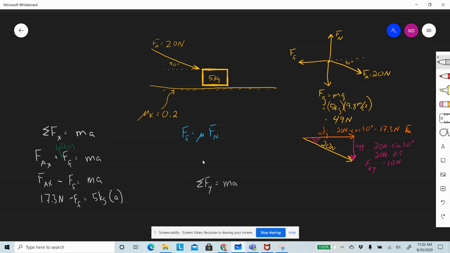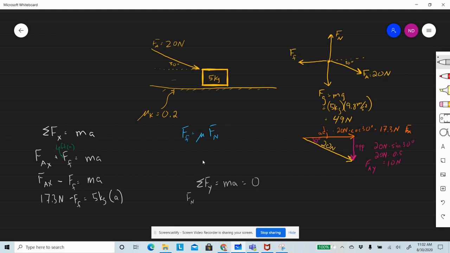The sum of the forces in the y direction equals ma. Well, you can assume that the box is not moving up or down. It's on this floor, and it's being pushed to the side. It's not moving into the ground or flying up off the ground. So this is all going to equal 0, which is quite helpful. Let's add up our forces in the y direction. We have a normal force, which is up, so positive.